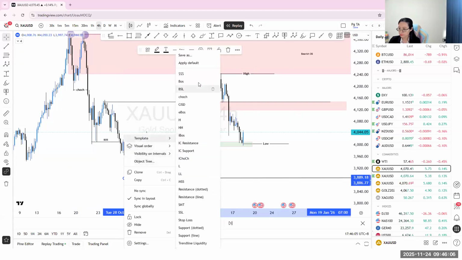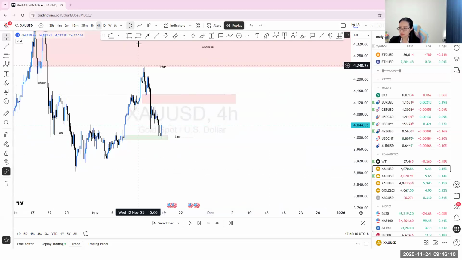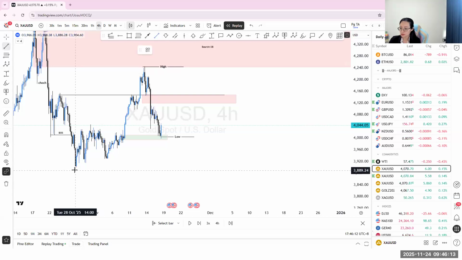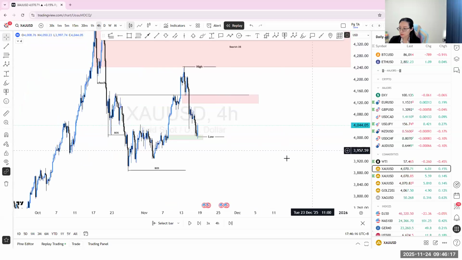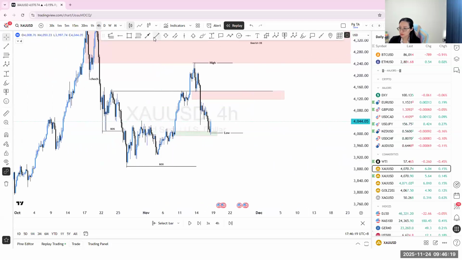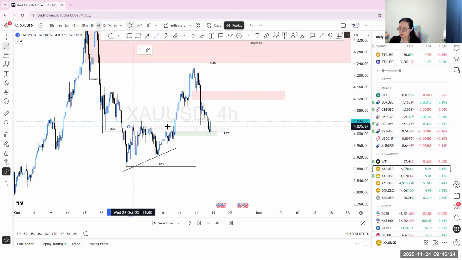Price did not close below and make a BOS, or break of structure, at this level. Okay, what did they do? Now they start to make the higher low, and then this is the resistance.